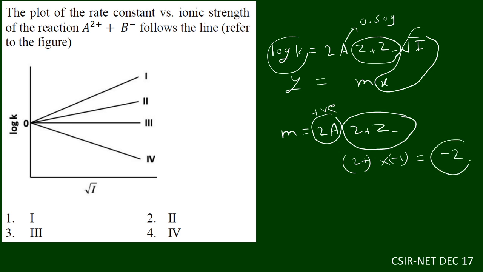Therefore the slope becomes minus 2 into 2A, that is minus 4A. Therefore the slope is negative. In this graph, the only line having a negative slope is the fourth line. Therefore, the fourth option is the correct one.